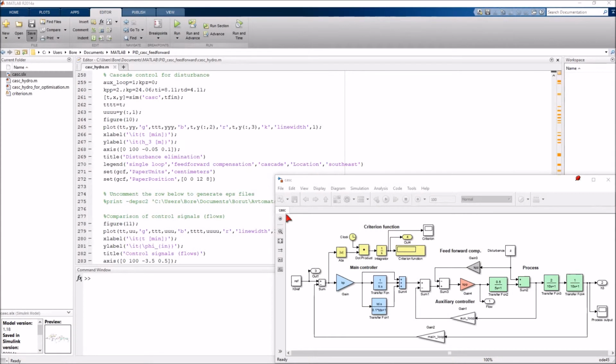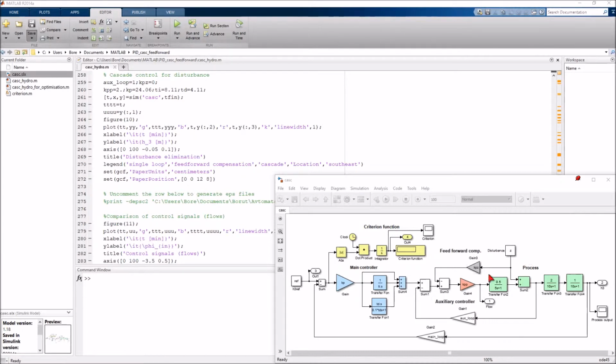In the last part, the cascade control for the disturbance rejection mode will be presented. So in this case, the reference signal will be put to 0 and the disturbance signal will be active, so Z will be 0.5.